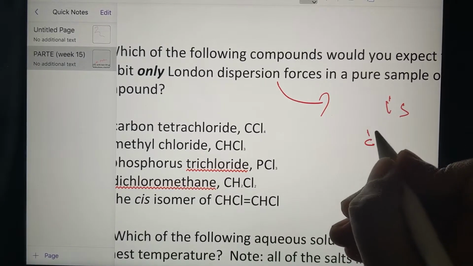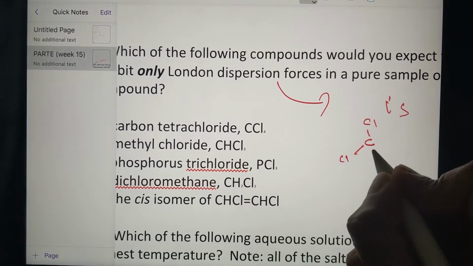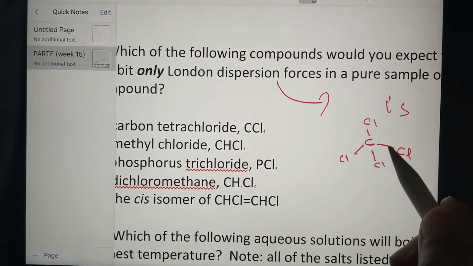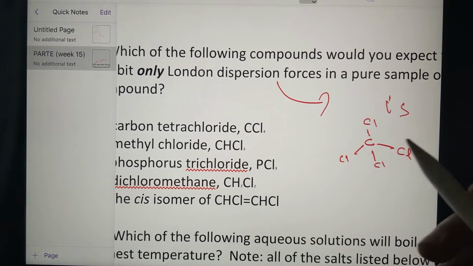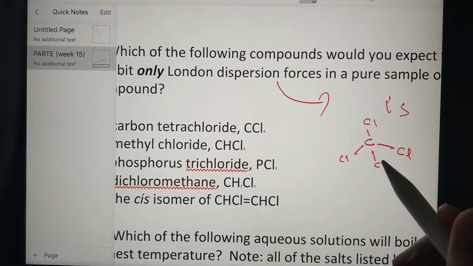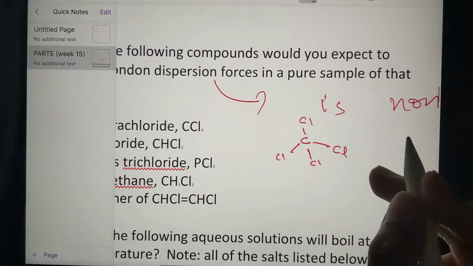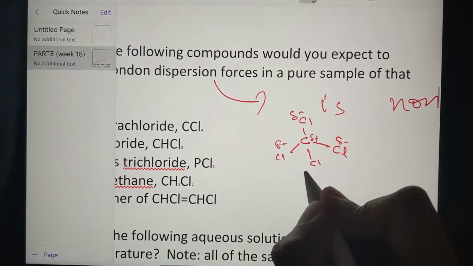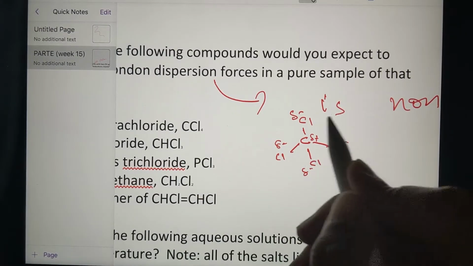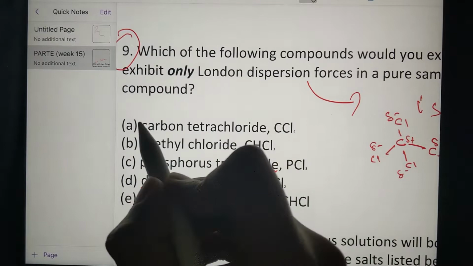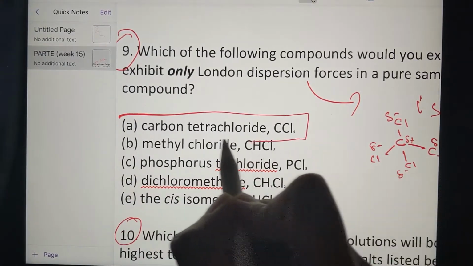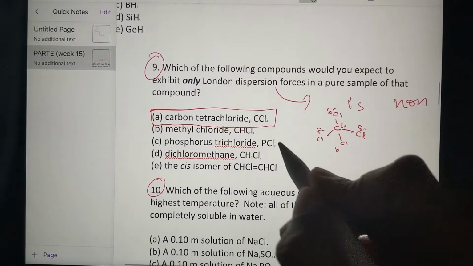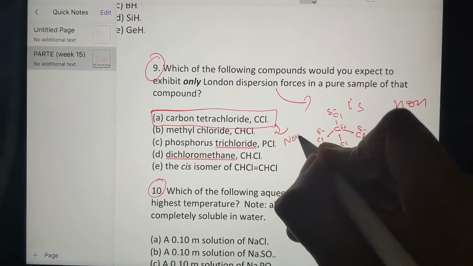If you draw it, it's an example of a non-polar molecule because the net dipole would be 0 in this case. All these 4 bonds are polar, but the net dipole would be 0 because it just cancels out. So your first option will be correct for this question, because this is non-polar.